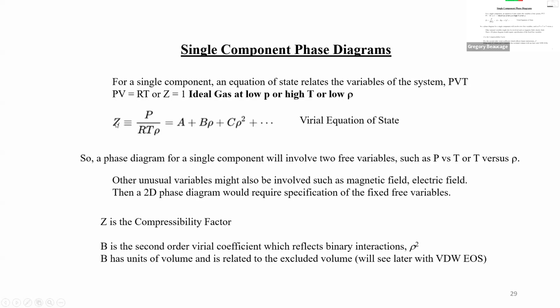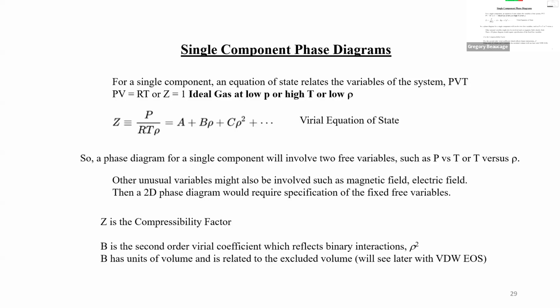And then this thing would be 1 for an ideal gas, like PV/RT would give you 1, right? So for non-ideal, there are going to be other terms involved. Ideal gas means you have some gas atom, and it can just pass right through another gas atom, no problem.